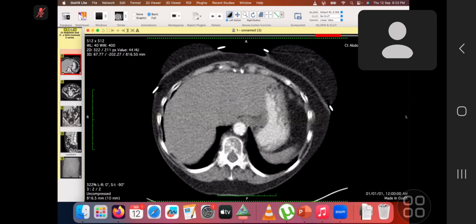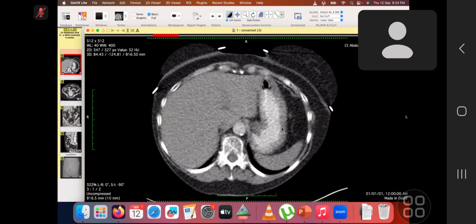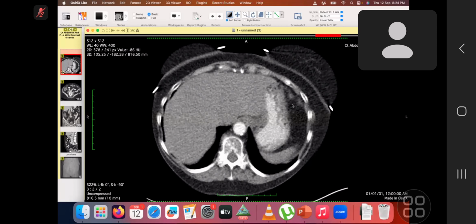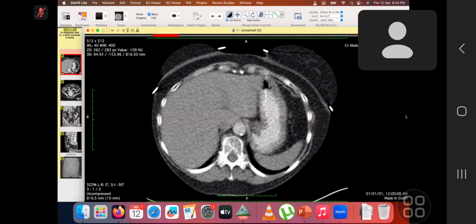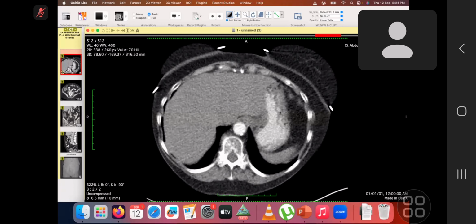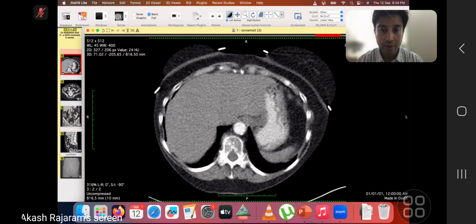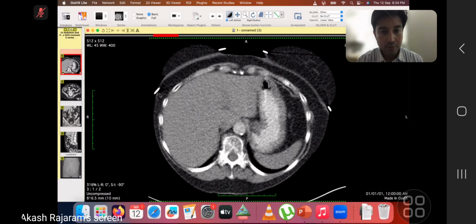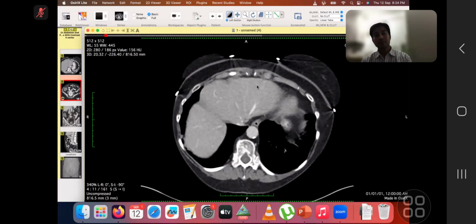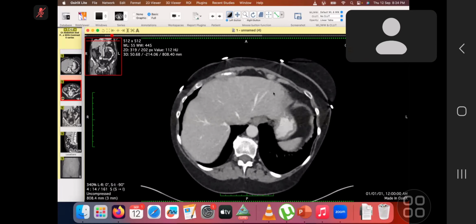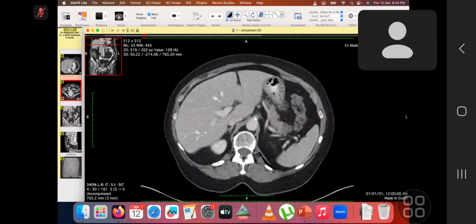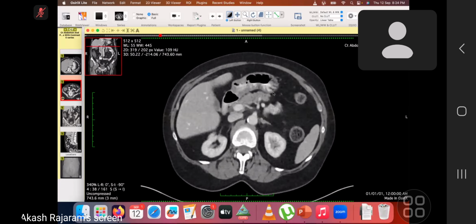We'll go through the images and then comment on findings. I will go through the images and then comment.